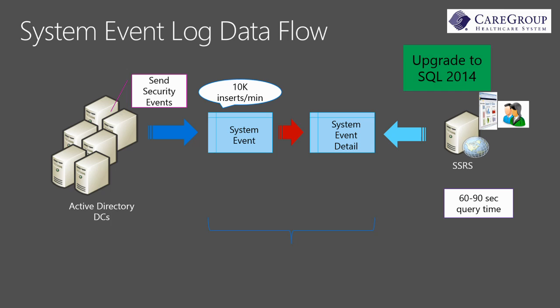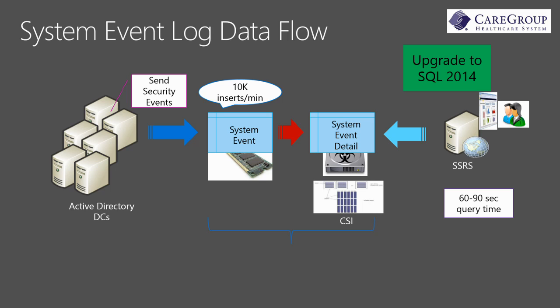So, the upgrade to SQL Server 2014. In doing that, they moved the system event table specifically to a memory optimized table. They moved the system event detail table into a clustered column store index table. So same database, two different tables: one memory optimized, one clustered column store index.